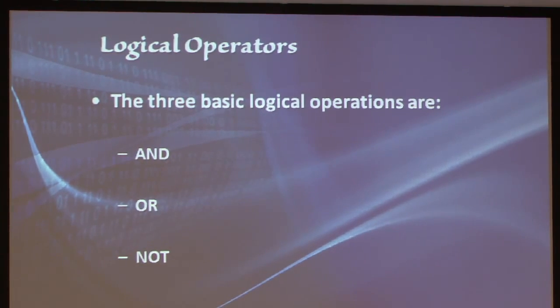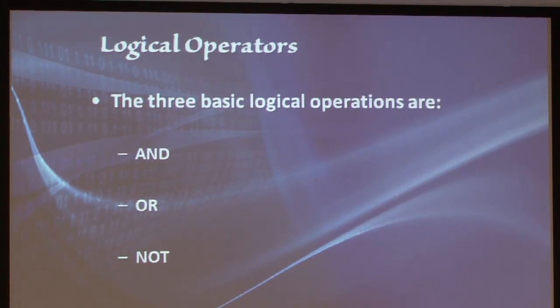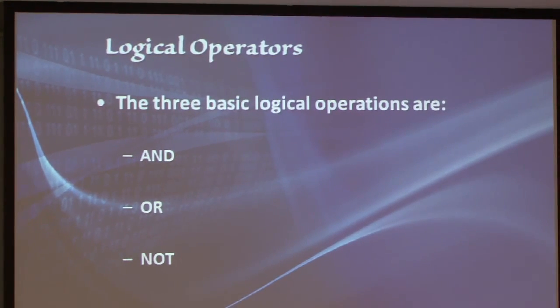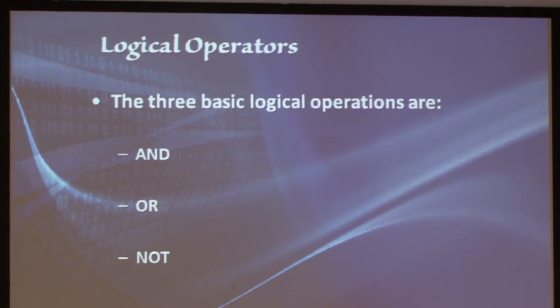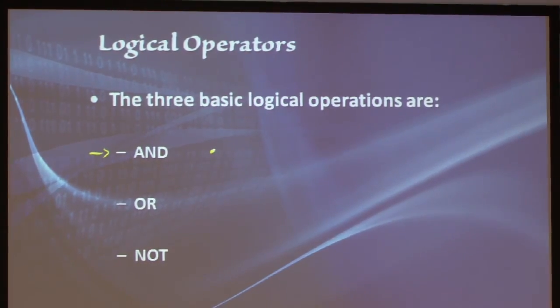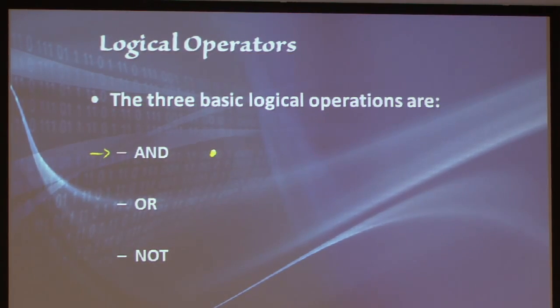Now, in Boolean logic, there's three main logical operators that are making the basis of all the Boolean algebra and logic operations. These are the AND, the OR, and the NOT. Now, the AND operation is denoted either by a dot, similar to multiplication, or sometimes we will not put any notation between two variables.